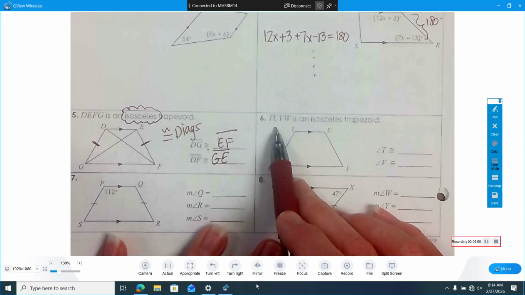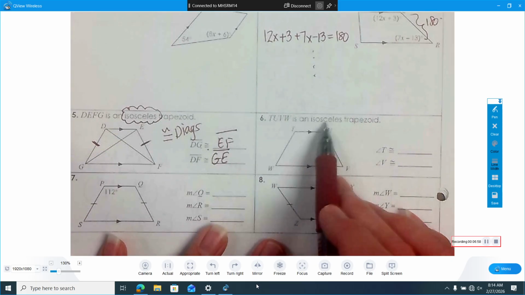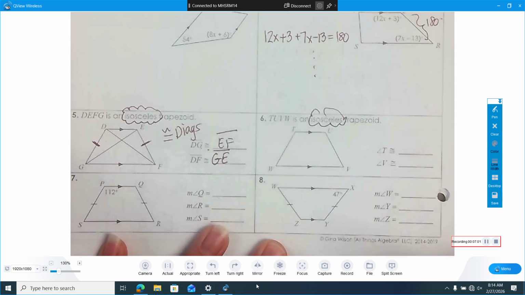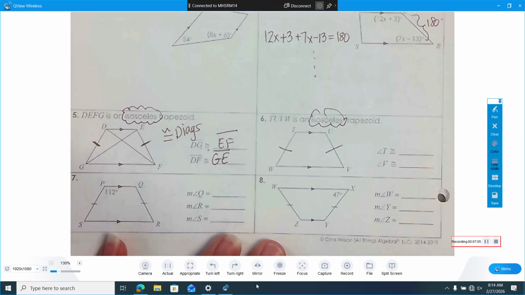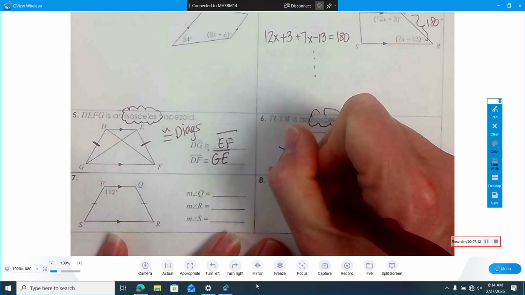Number 6, TUVW is an isosceles trapezoid, which means we've got congruent legs. If we have congruent legs, what else is true? Congruent base angles.